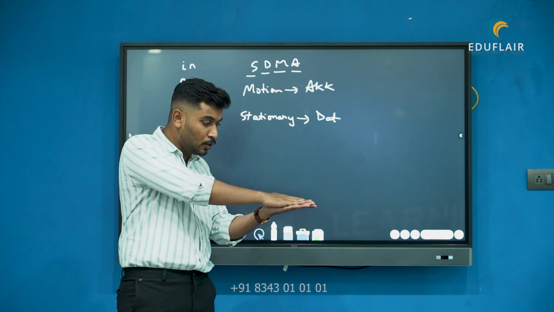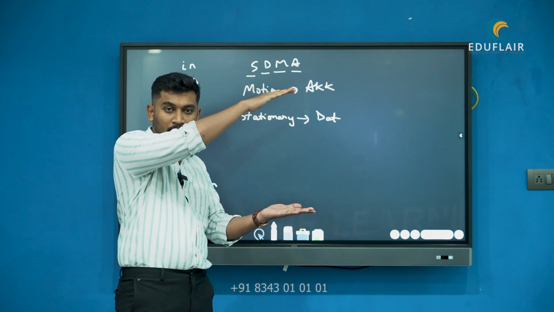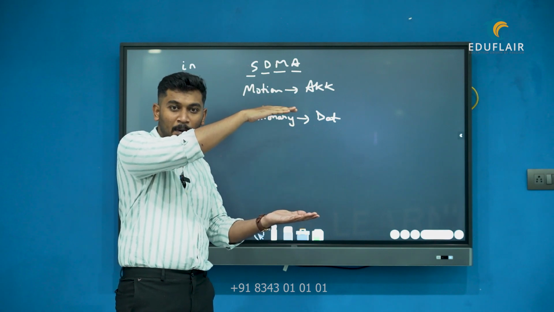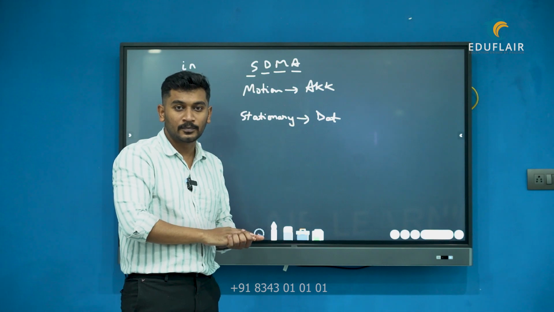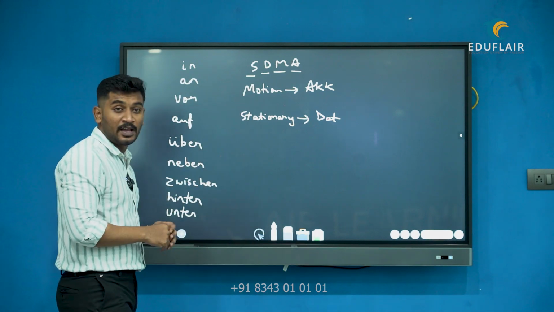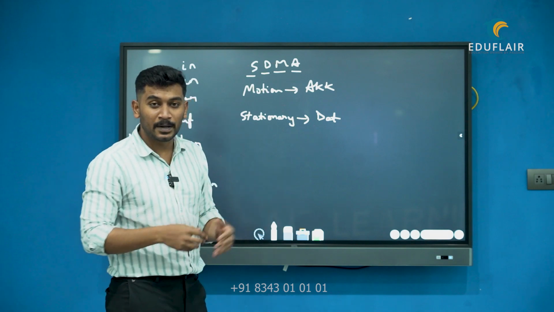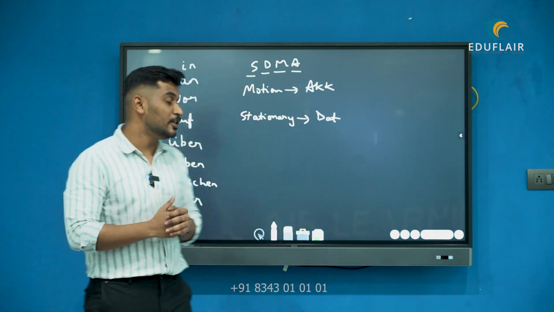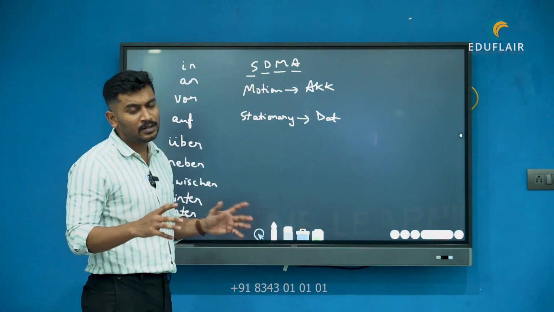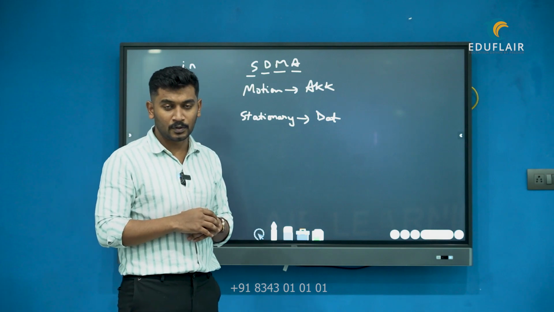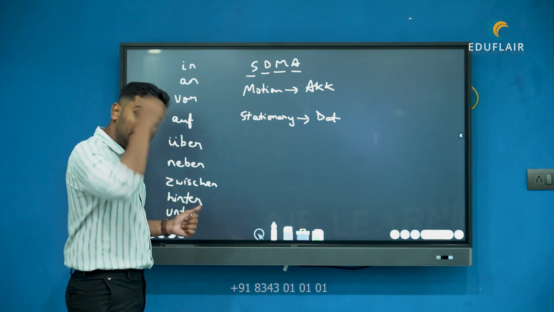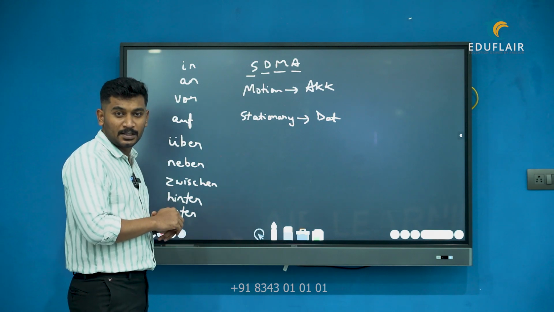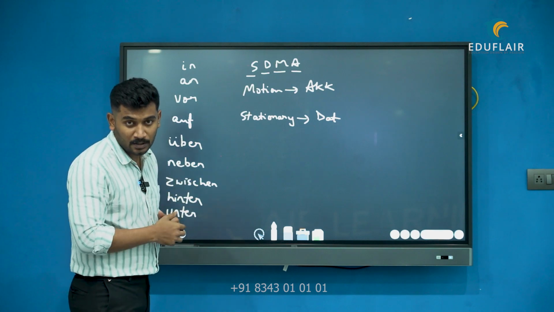Now if I take the same book above, and I want to show the relation between the surface and the thing which is above, then I'll use über. The next one is neben. Neben means nearby. Suppose I'm standing here, there's a person standing nearby me, we'll use neben. Zwischen, very easy, means between. Hinter means behind, unter means under. So this is how you can memorize these prepositions in the context of placing an object.